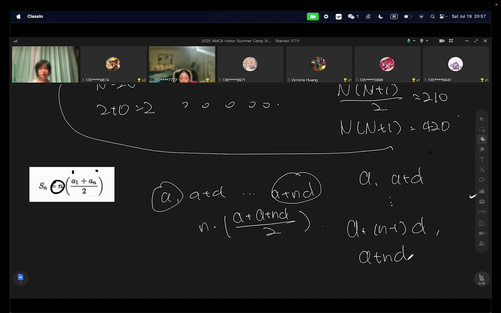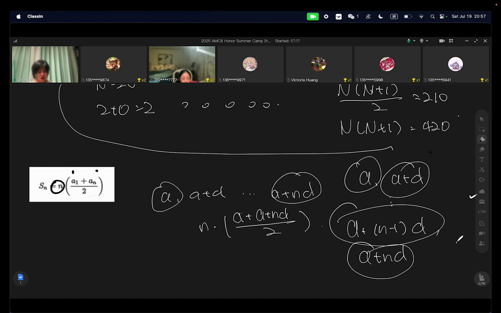From the equation that we learned before, these two together are the same as these two together. By applying it to all of the terms in the middle, this entire equation is just going to be the first term plus the last term times the number of terms that we have in total divided by 2, because there are two numbers on both sides.